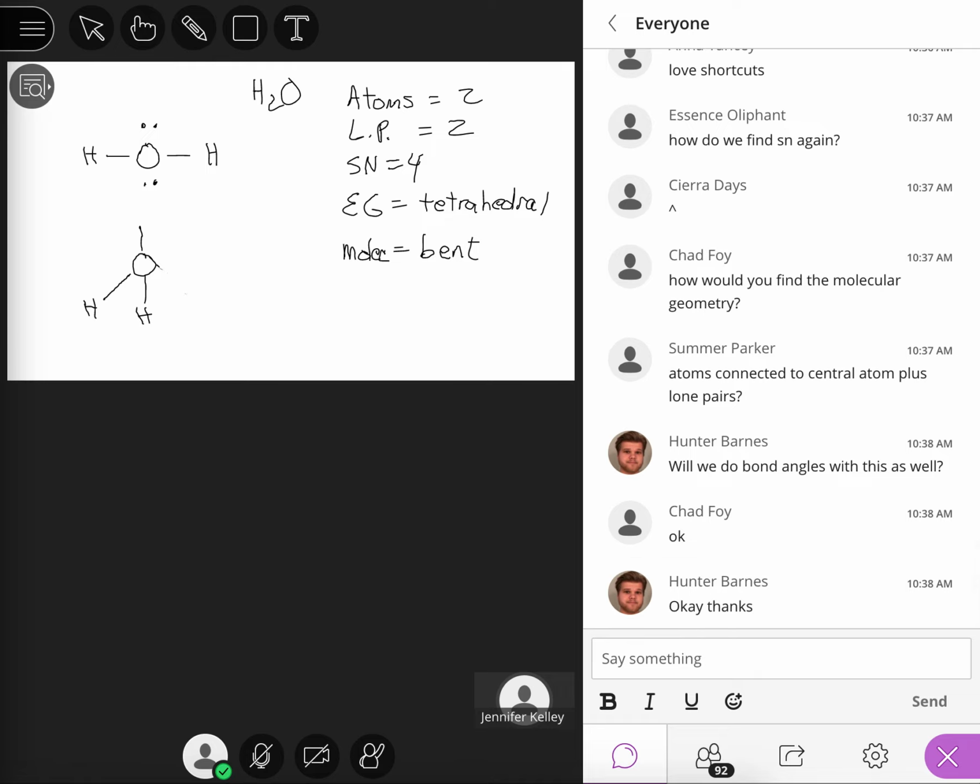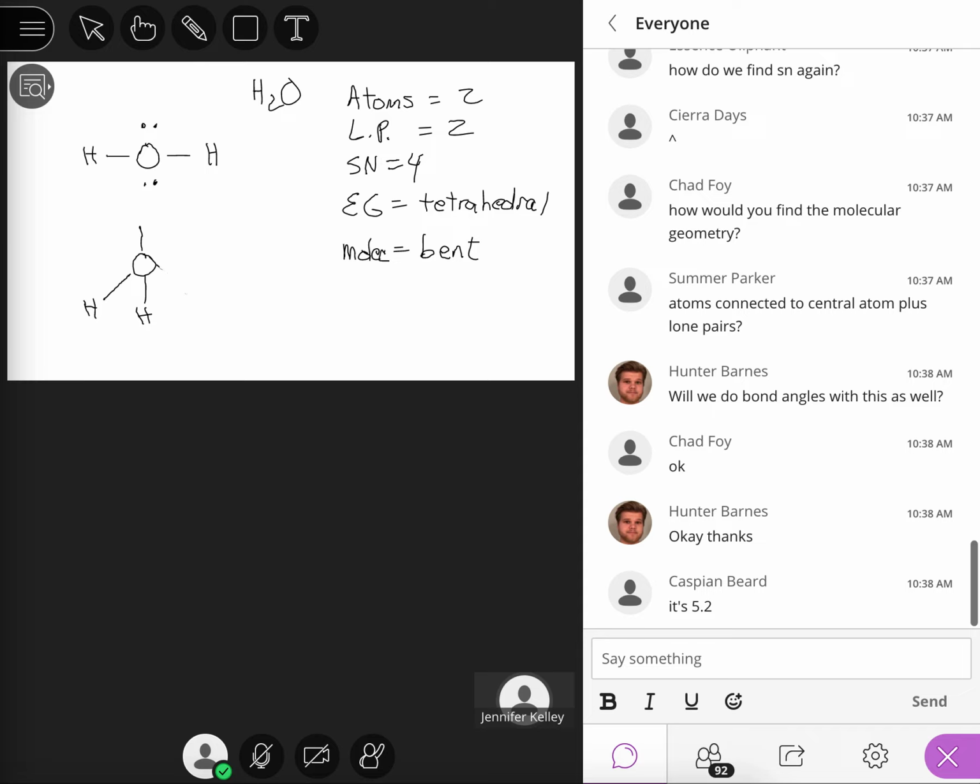So in the case of oxygen, of water, we have 2 lone pairs. Now if we look at it like this, it's 5.2? Okay, that's good. Thanks, Caspian. So we can see that oxygen is more electronegative than hydrogen, and then the lone pairs are more electronegative than oxygen because they're just electrons.